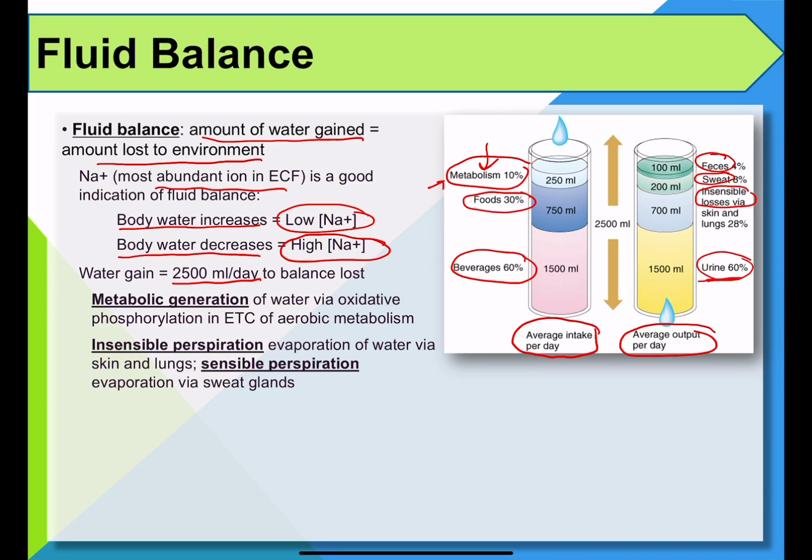So let's go back to metabolism here. This is what we're talking about in terms of metabolic generation of water, because the oxidative phosphorylation of the electron transport chain and aerobic metabolism is what makes water at the end of that chain. Insensible perspiration is the evaporation of water via your skin if you're outside in the sun, or lungs.